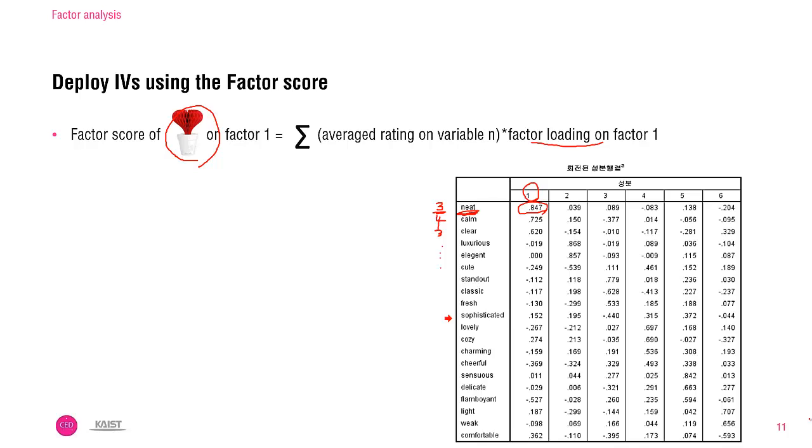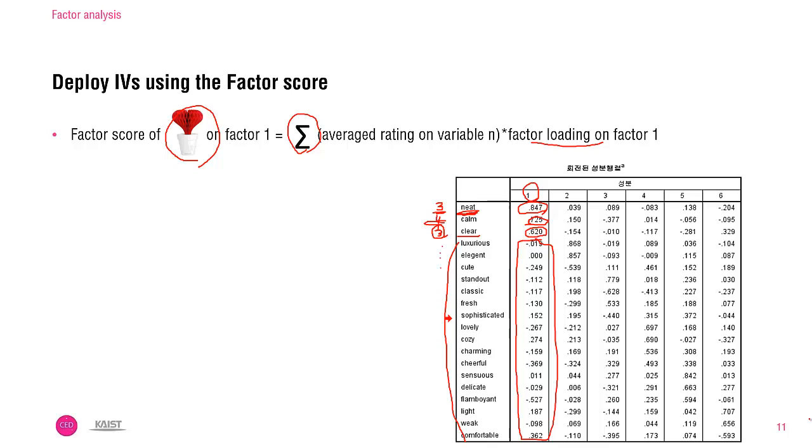So 3 multiplied by 0.847, plus 4 multiplied by this, plus 3 multiplied by this. After clear, the factor loadings on factor 1 of the other variables are much smaller.